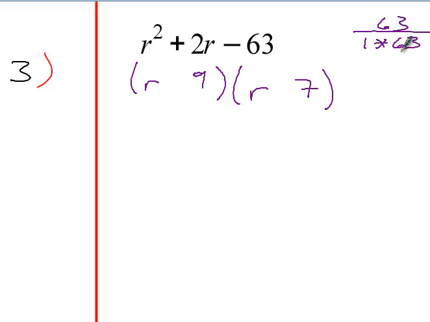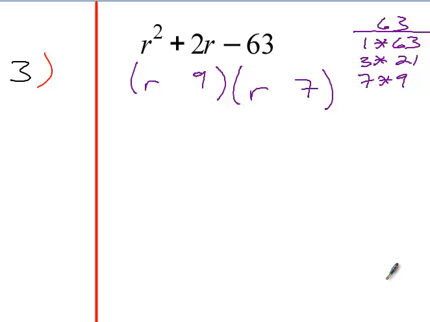Factors of 63: 4 is out, 5 is out, 6 is out, and then 7 and 9. So I'm trying to find one of those pairs, and when I subtract the numbers, I get 2, right? So everybody okay with, we know that 9 minus 7 is 2, right?